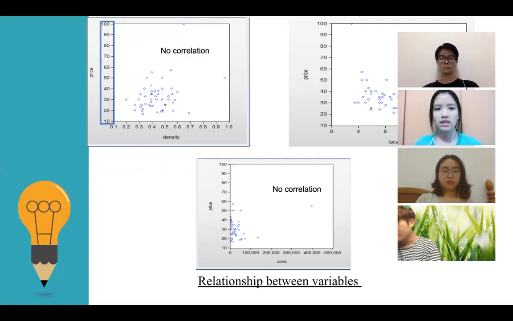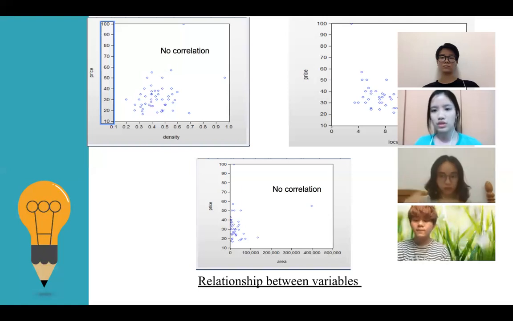It means that when density and area change, it does not affect the price. And the negative trend of the graph shows the relationship between location and price. We can see when the price increases, the location will decrease.